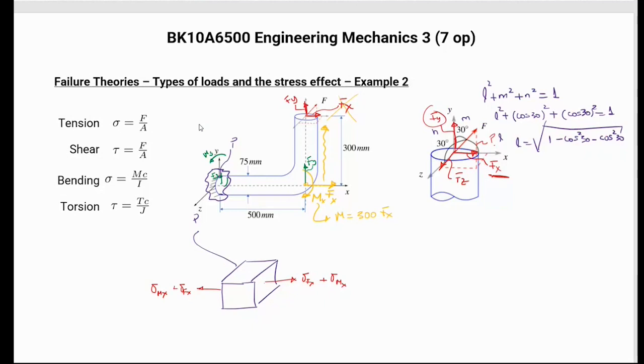Then what stresses is this Fy force causing on this point of interest? Well, I have a bending moment. This is obvious because if I pull this bar up, this is going to cause a moment here. So this is going to induce also a moment around this point here. And actually that moment is very well aligned with this Mx moment. So it means that this moment created by translating this force from this point to this point is going to add up here, a normal stress in that direction.